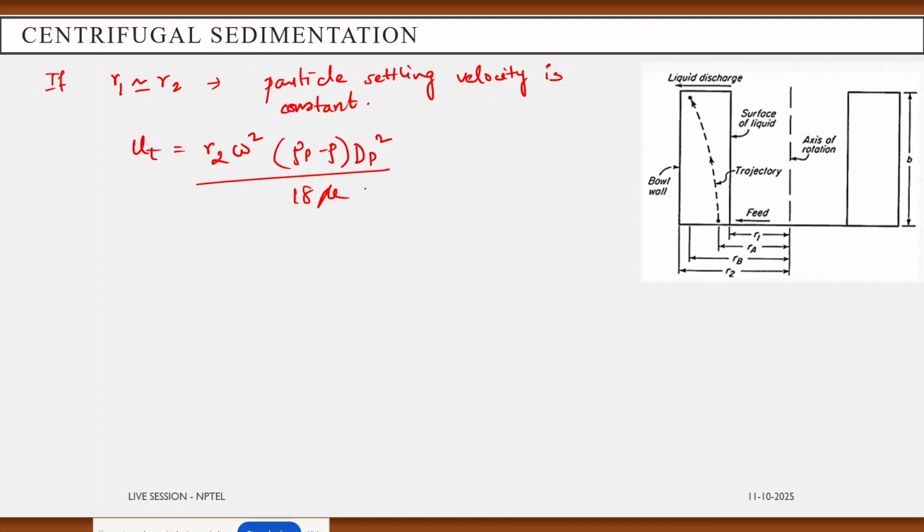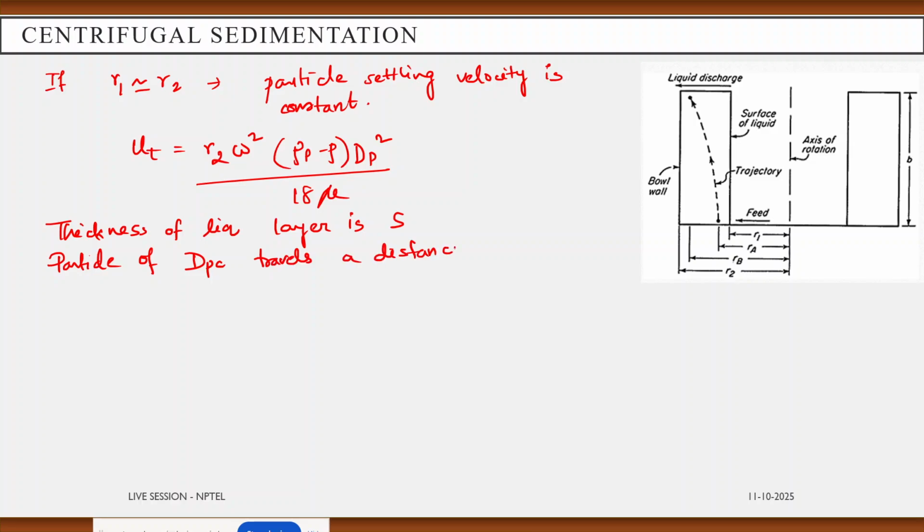And suppose this small thickness of the liquid layer is S, and the particle of cut diameter travels a distance S by 2.